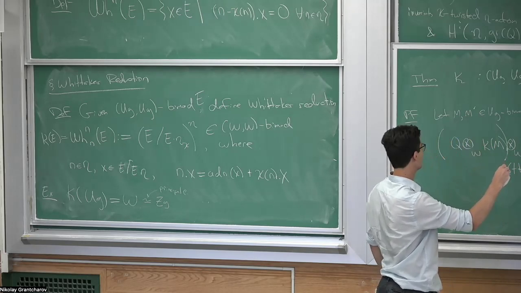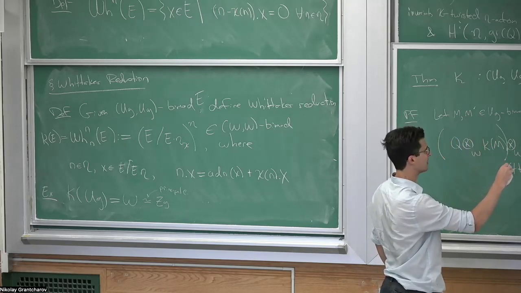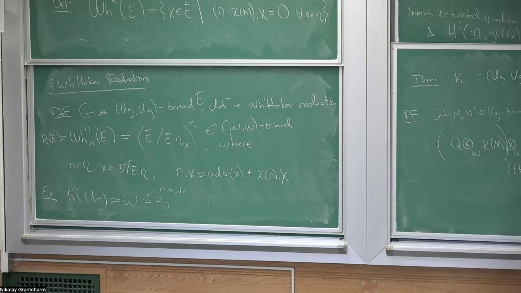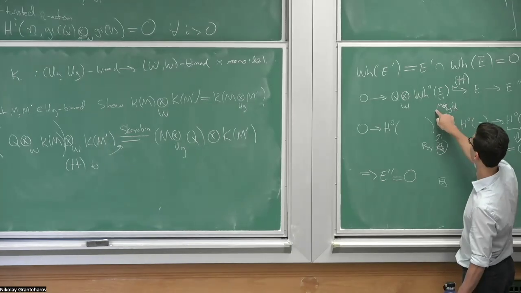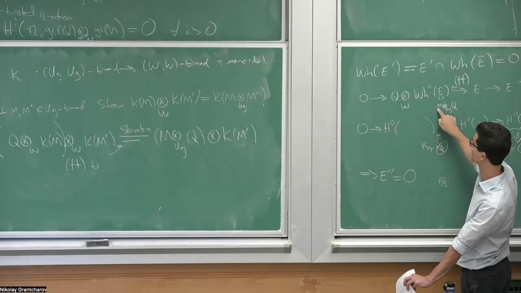I think you apply it to where E plays the role of M tensor UG of Q. Okay, so if you apply this isomorphism in this case, and you use that the n invariance of this guy is identity, so it's just M, then that's exactly what you want.